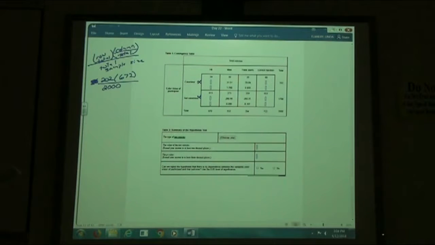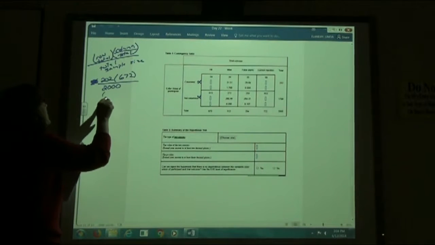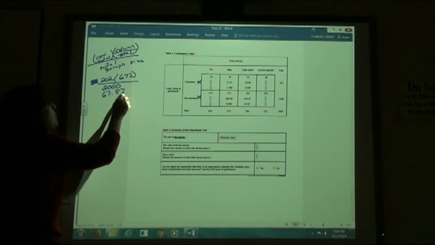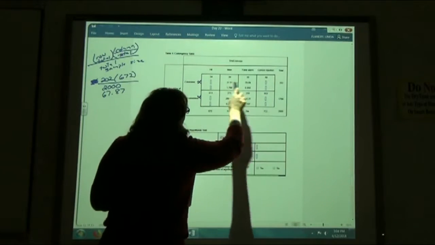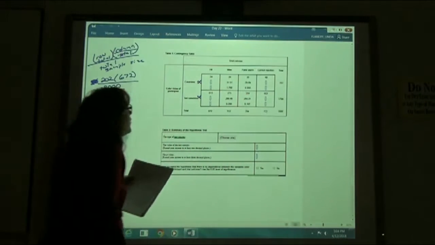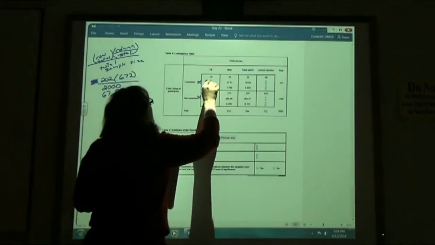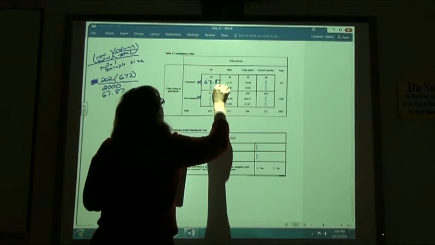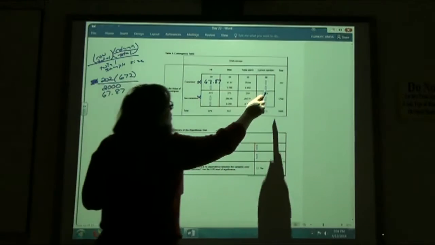If you do that calculation, you get 67.87. These ones say round the first row to 2 decimal places, the second one to 3. So we're going to round that off to 67.87. I'm going to go over and do this one.